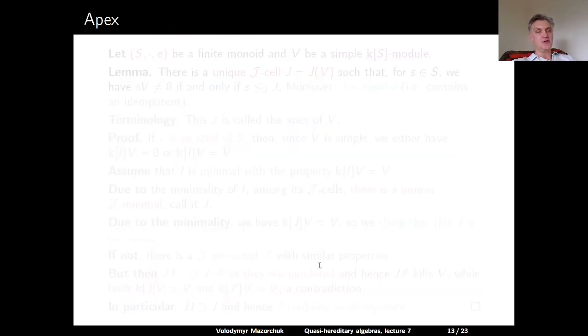Next, we need to talk about the notion of an apex. Let S be a finite monoid and V a simple module over the corresponding monoid algebra.